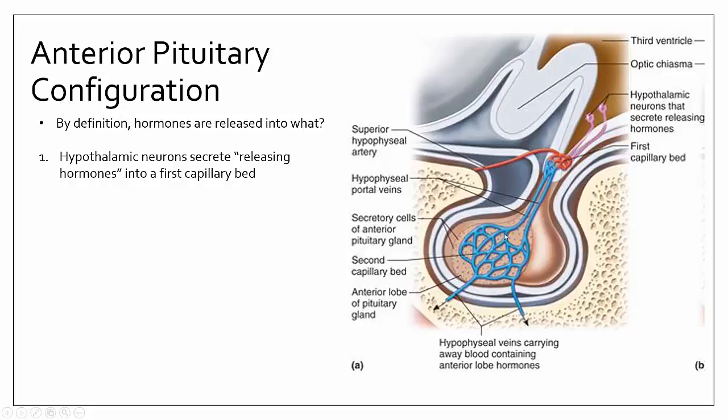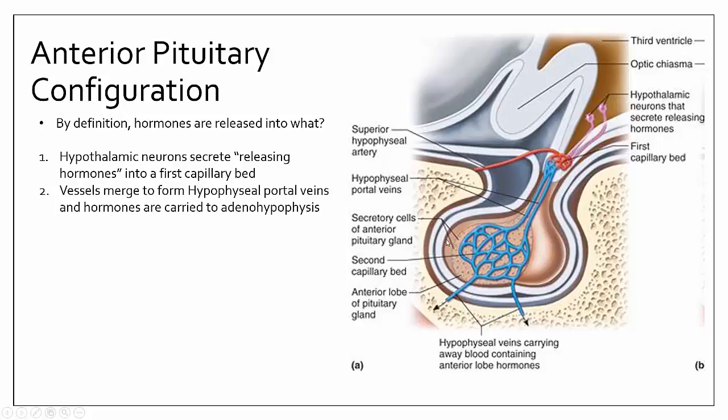Okay, so that's the first hormone, comes into the anterior pituitary gland. That's the step right there. Vessels merge, and then they are carried to the adenohypophysis, or anterior pituitary gland. And then those hypothalamic hormones act on their target cells in the anterior pituitary. And they each have a specific target cell.